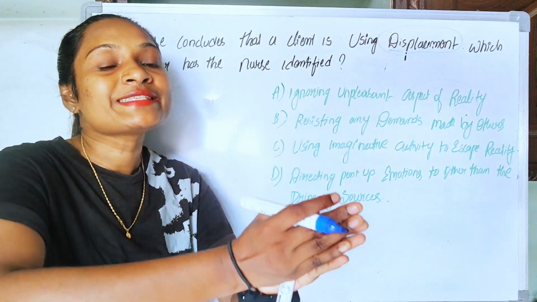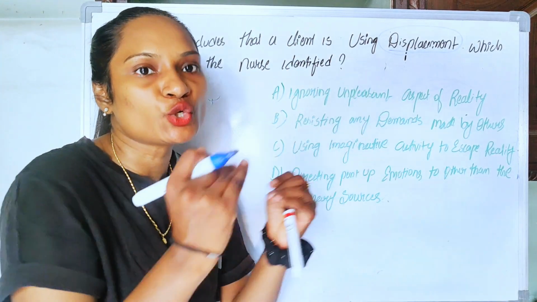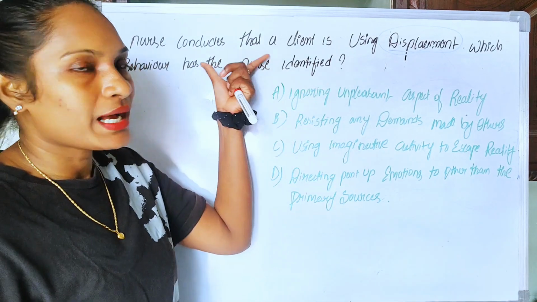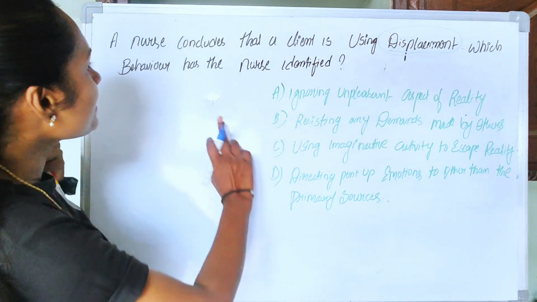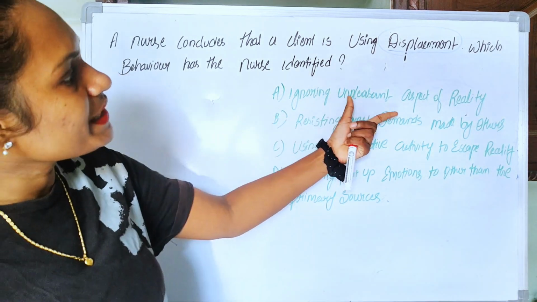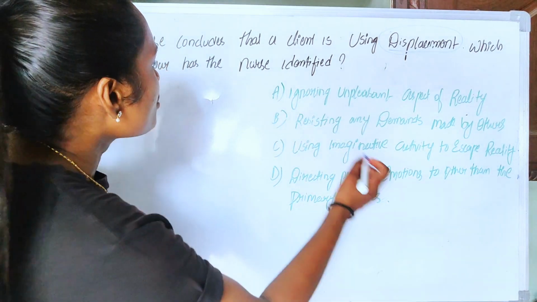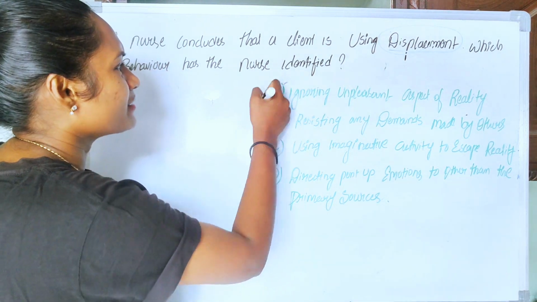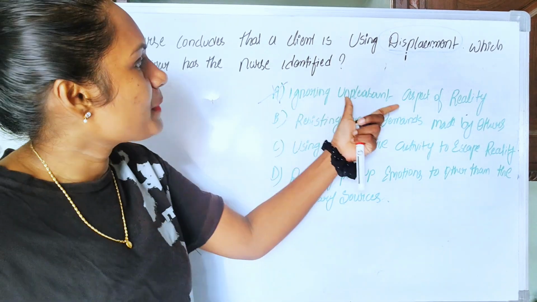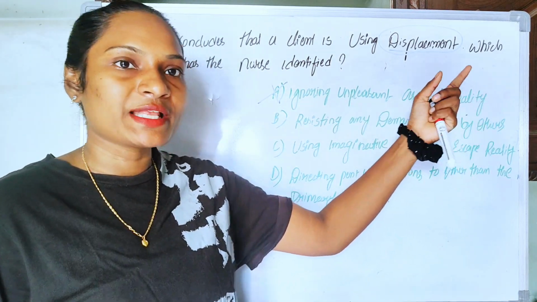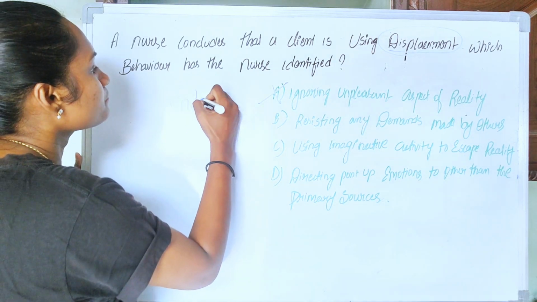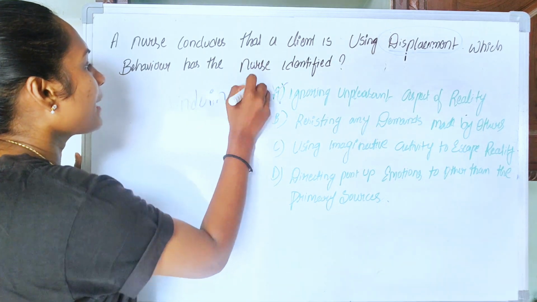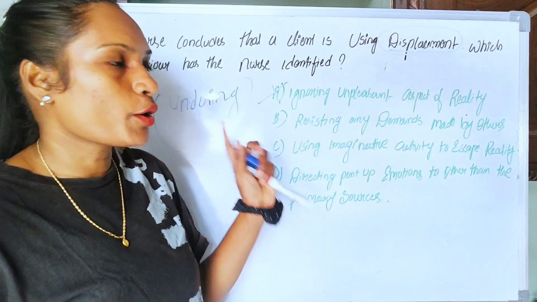But what did the patient actually use to make the nurse decide that it is displacement behavior? So first is ignoring unpleasant aspects of reality. This is not the correct answer, because ignoring unpleasant aspects of reality comes under the undoing mechanism. So this is a wrong option.